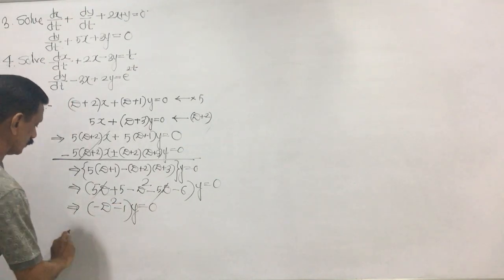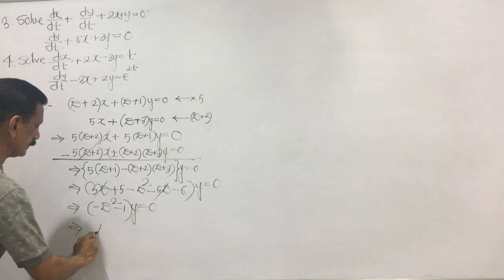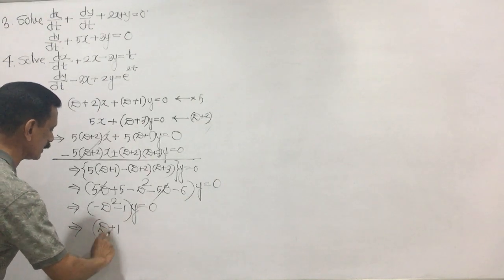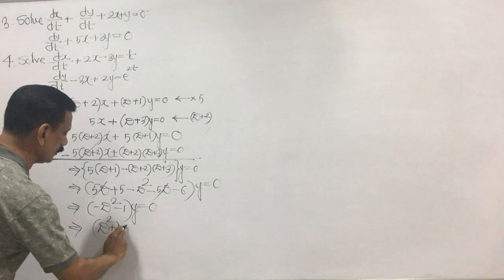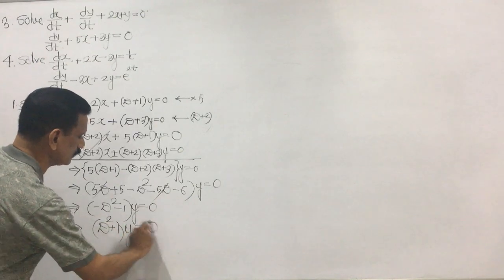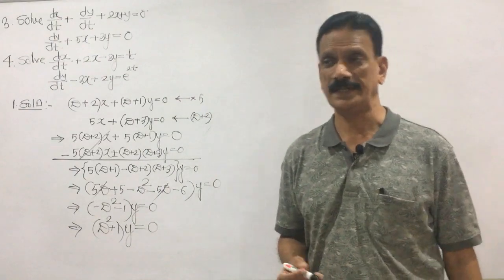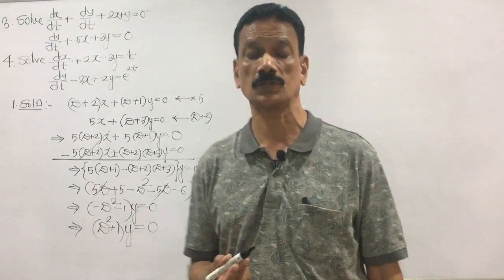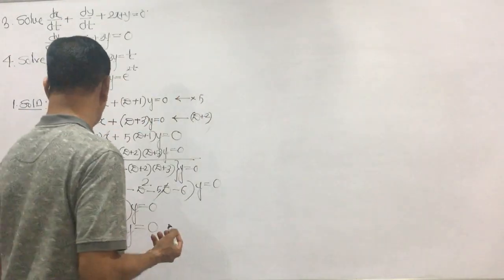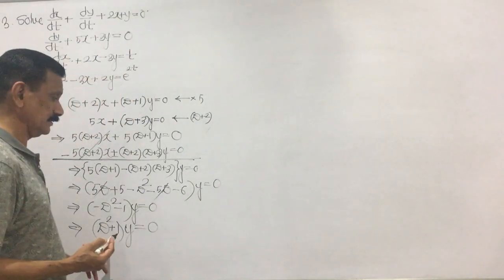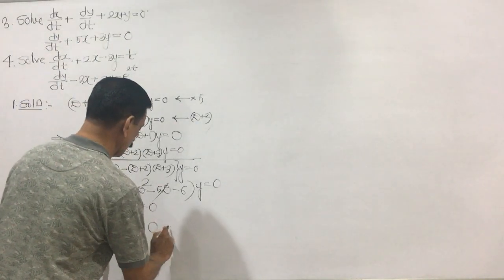Okay, so I multiply by the negative sign, which means we get D square plus 1 y is equal to 0, and the right side is 0, which means the complementary function is its solution. So to write the complementary function, let us write its auxiliary equation.